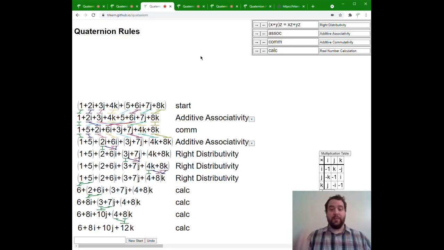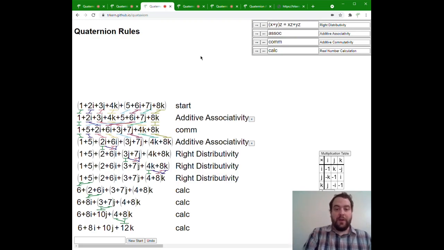And I mean that explicitly, right? You can't just drop a term if the coefficient is 0. You have to write the coefficient of 0. You have to write coefficients of 1. You have to write coefficients of -1. You can't write subtraction.